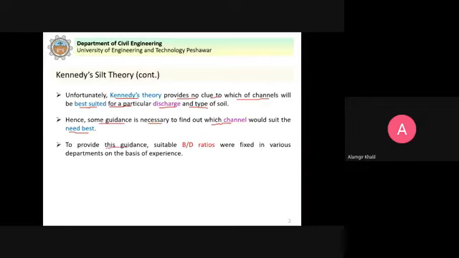To provide this guidance, suitable B by D ratios were fixed in various departments on the basis of experience. So in order to provide some guidance as to which channel would suit the need best, suitable B by D ratios were fixed based on the experience.